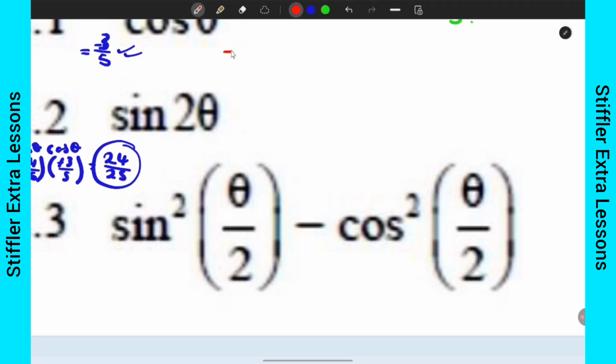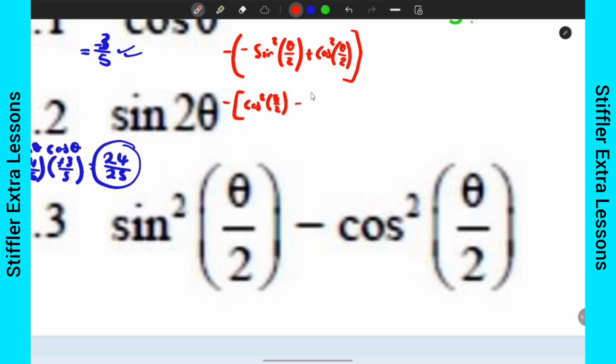If we factor out a negative, this now becomes negative sine squared theta over 2, right? And then this becomes positive cos squared theta over 2, like that. So now we're having negative, so let's keep our negative. Now let's rearrange this. So this will be cos squared theta over 2 minus sine squared theta over 2.